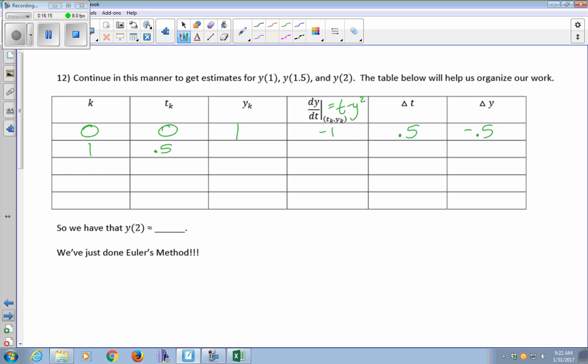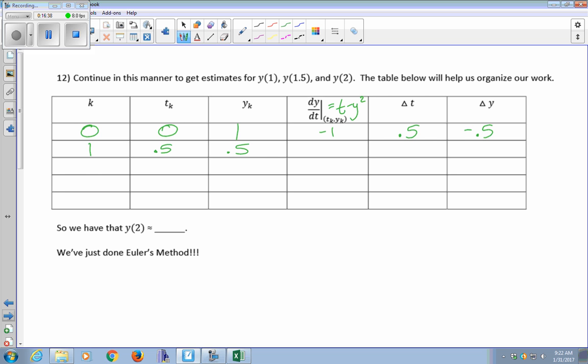My old y value was 1, add -0.5, and I get 0.5. So my new point is (0.5, 0.5). That's an approximate point on the curve. (0, 1) was exact because it was given. Now I'm using the tangent line approximation to find a new, approximate point on the curve. And then I do the whole process again.